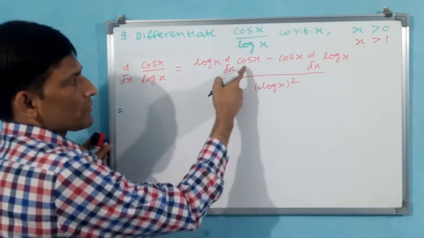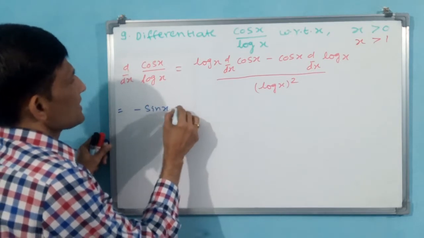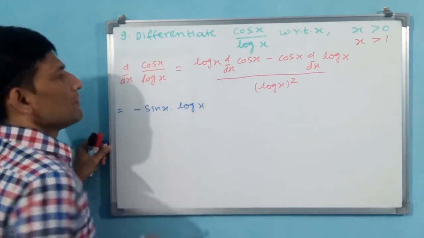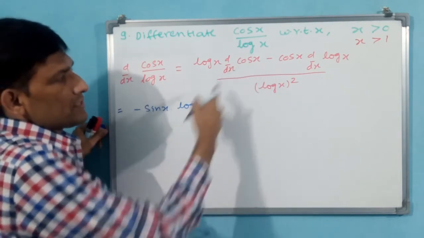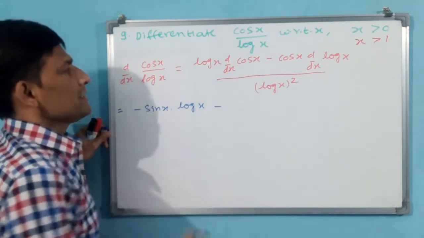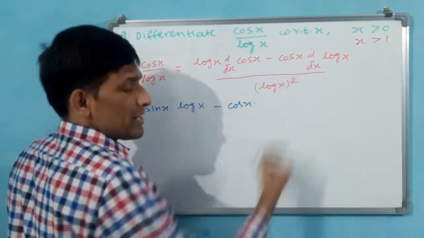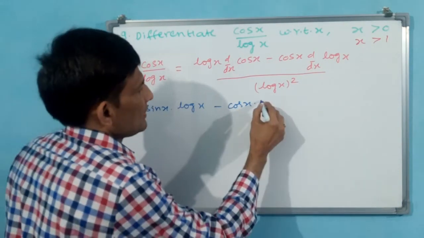d by dx of cos x is minus sin x. Shall I write minus sin x first? Minus sin x log x. Is it okay? d by dx of cos x is minus sin x, minus sin x into log x. I have written. Minus, this cos x you write. d by dx of log x is 1 by x.